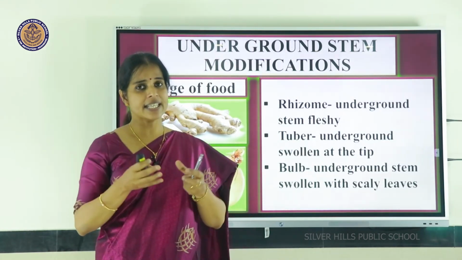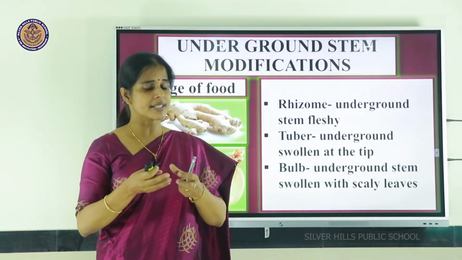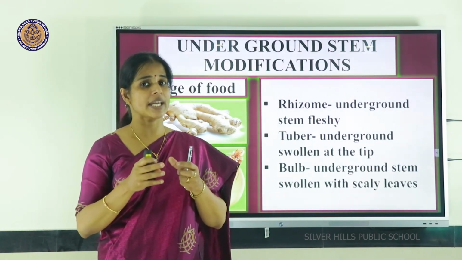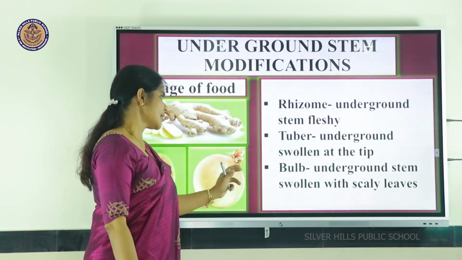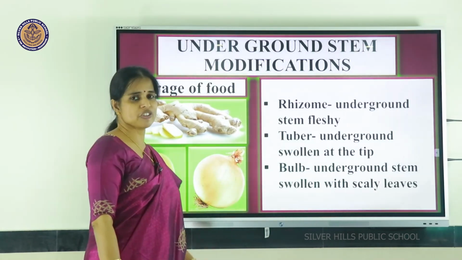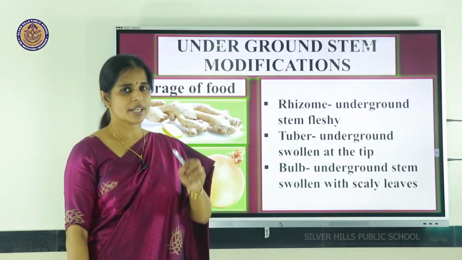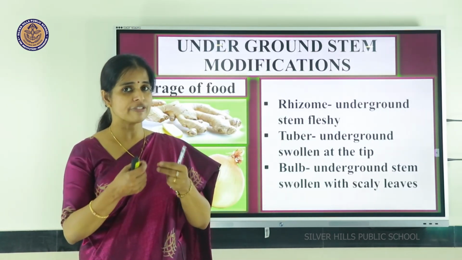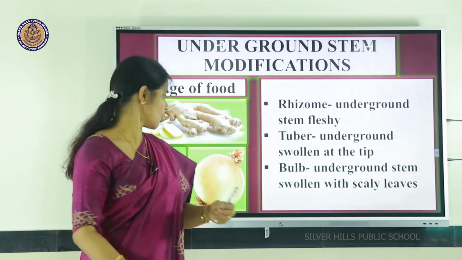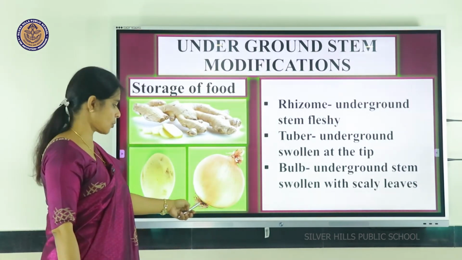All these scaly leaves form from this underground part and they form a rosette formation, that is all of them will be together. Then it forms a shape which looks like a bulb. It has a stem part, and from this bulb part all the fibrous roots are arising. The example is onion.